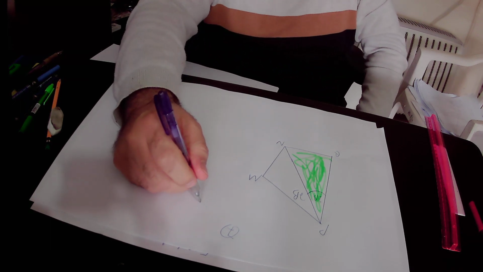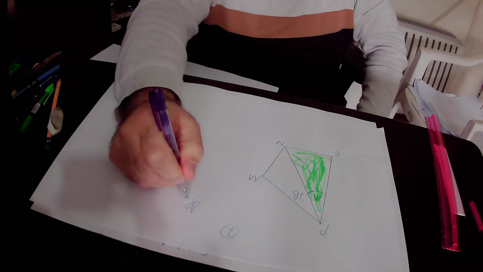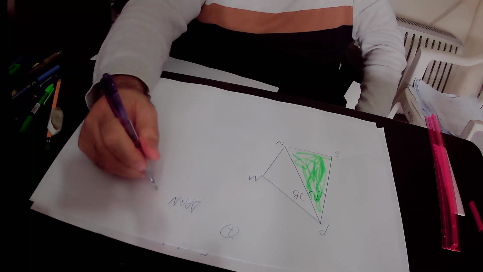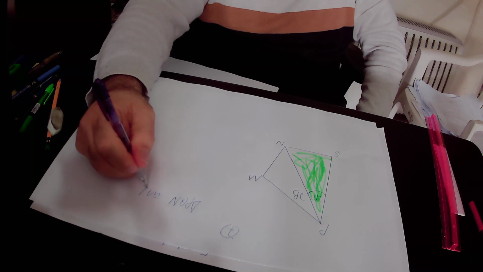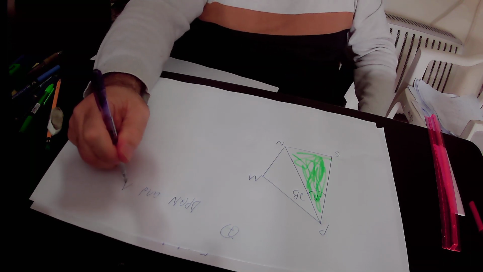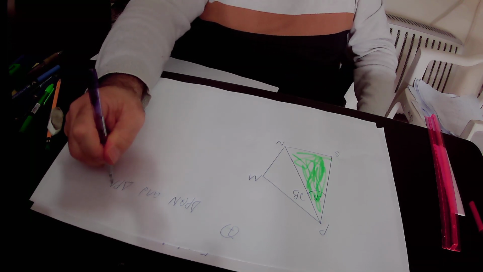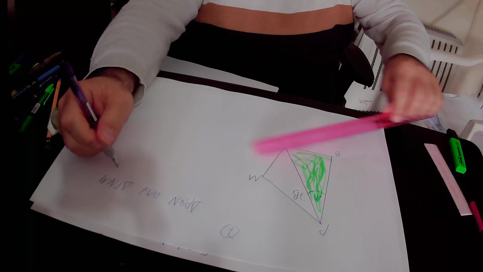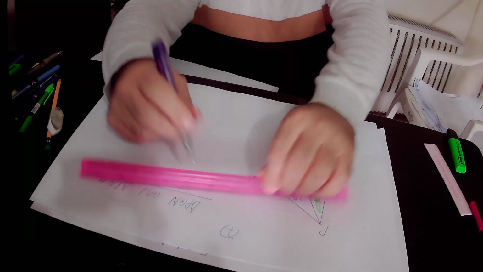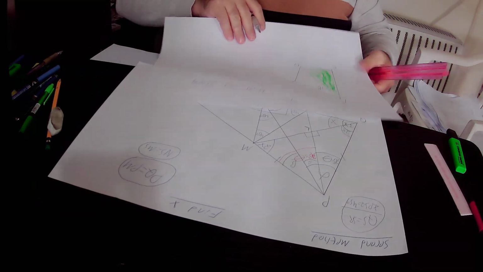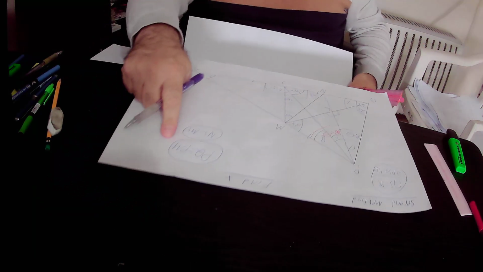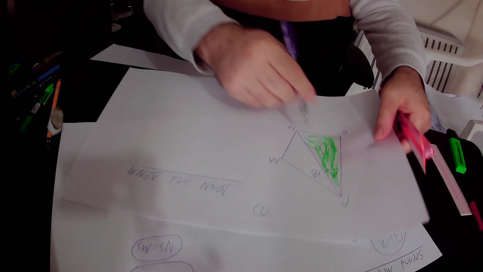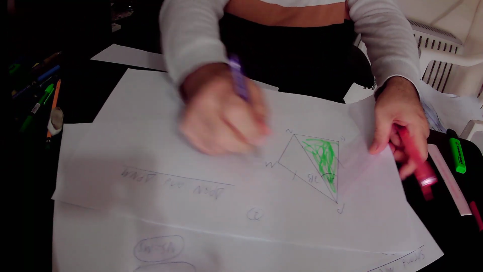The green triangle PQN, we will prove that it is congruent to the white triangle PNM. First of all, we've already found out that PQ equals PM. Here, PQ equals PM.